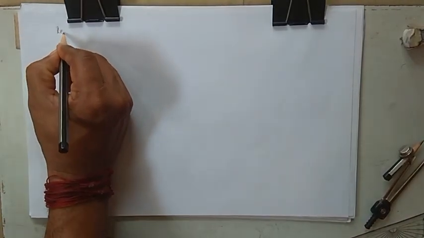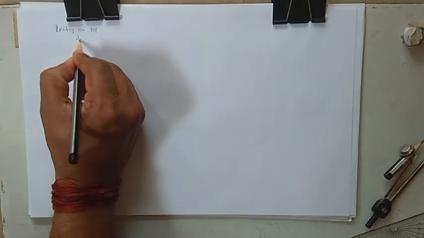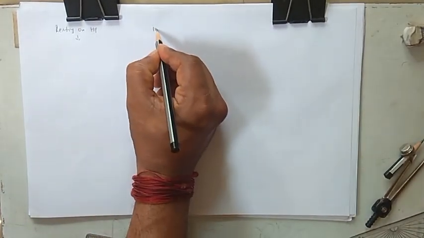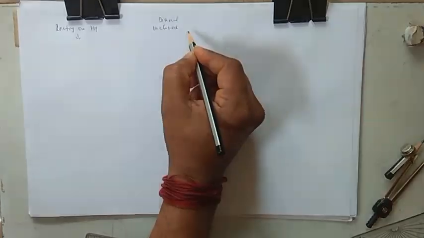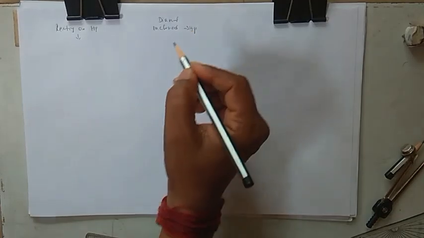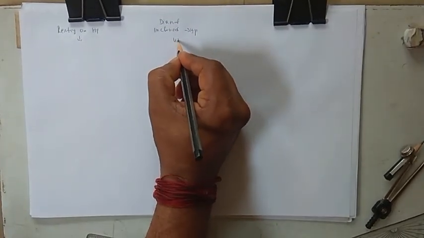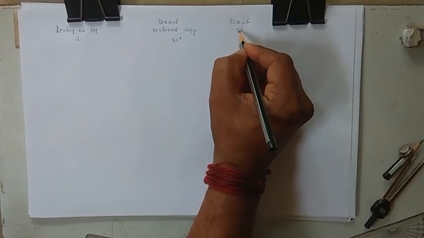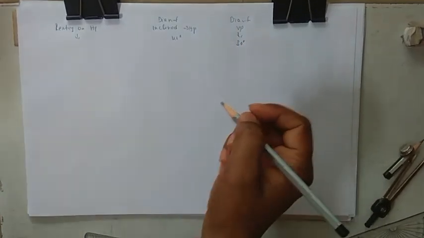So it is resting on HP, and now we need to see how it is inclined. Its diameter is inclined to HP at 45 degrees, and the same diameter is inclined to the VP at 30 degrees.